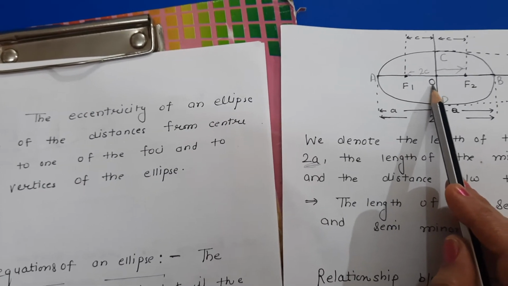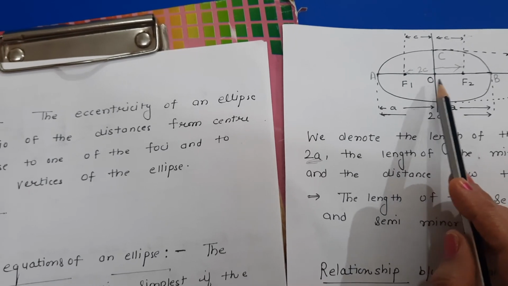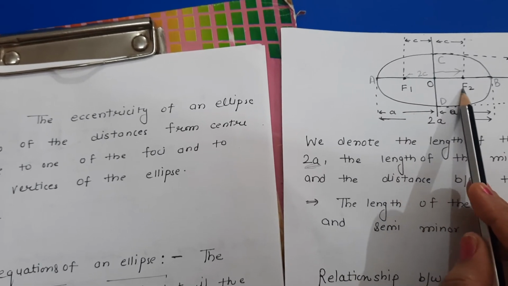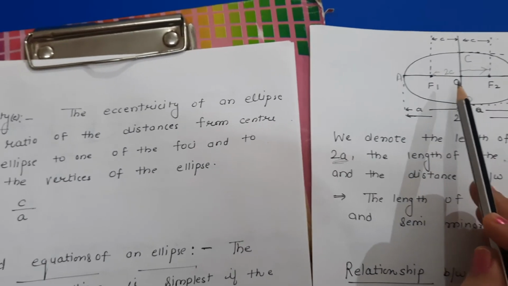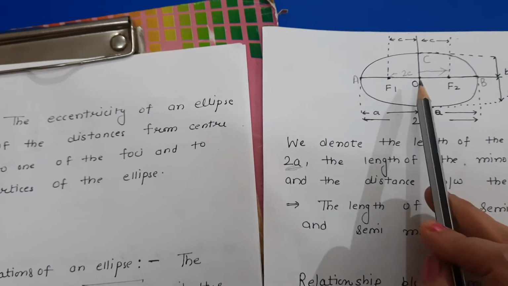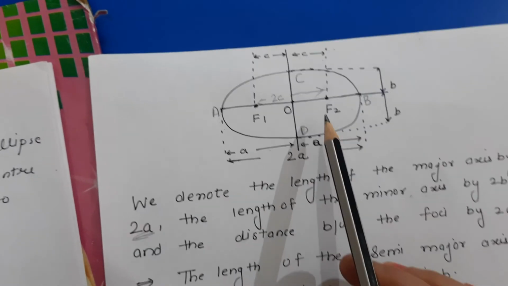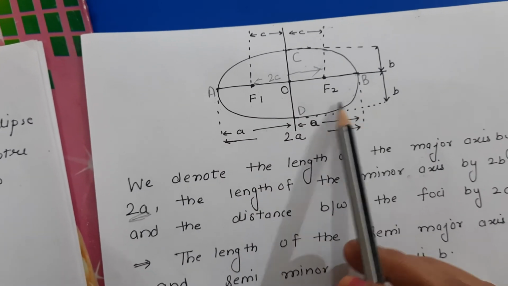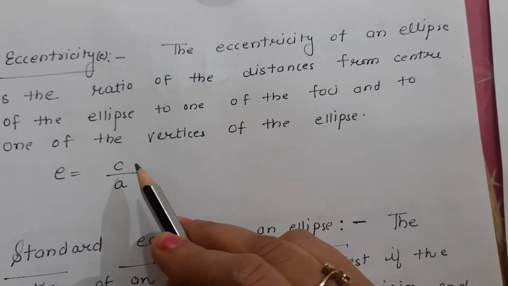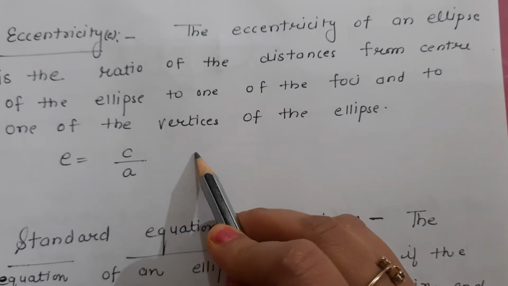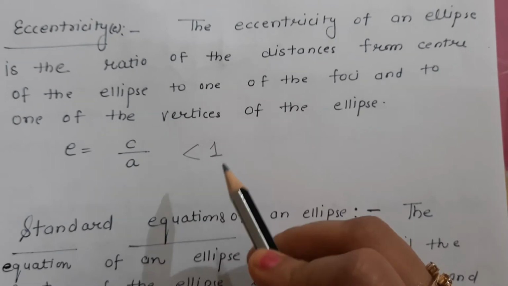So the distance of the center from any of the foci is C, to the distance of the center from any of the vertices, that is A. So this is C by A. Clearly this C is less than this A. So C is less than A, that means the numerator is less than the denominator. So the eccentricity of an ellipse is always less than 1.